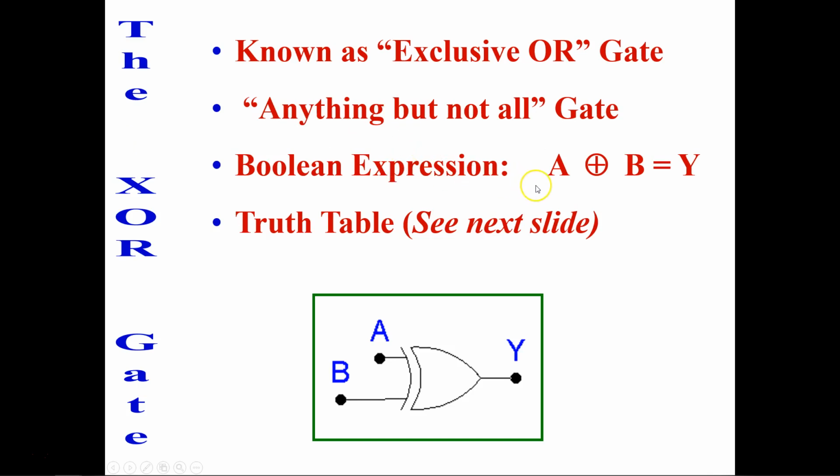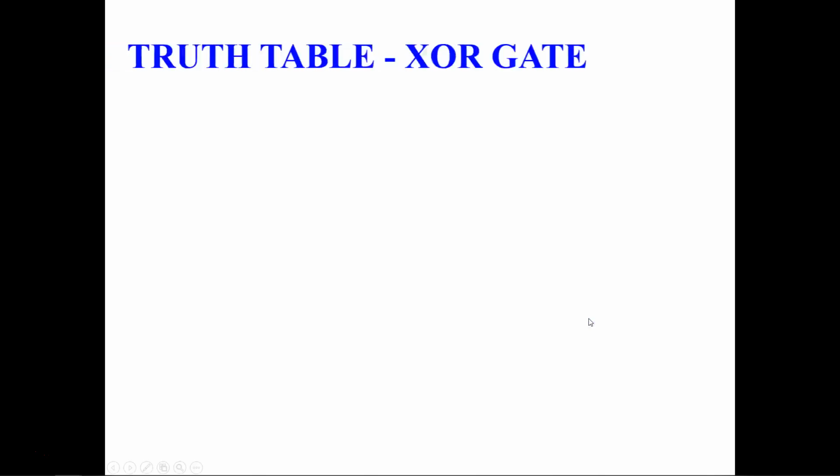So the Boolean expression for this type of gate is A, and then you have a symbol like this, and B equals Y, which means A XOR B equals Y, and here is the symbol for the XOR gate. You can see this shows an OR gate, and then if you have something like this, that makes up an XOR gate. Now next we are going to see the truth table for the XOR gate.